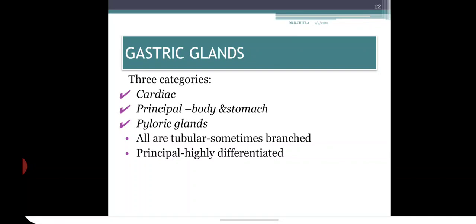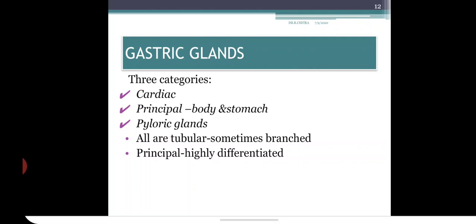There are three categories of gastric glands: cardiac, those mainly in the fundus and body of the stomach, and third, the pyloric glands of the pyloric part of the stomach. All are tubular, sometimes branched. In the fundus and body, they are the principal gastric glands.